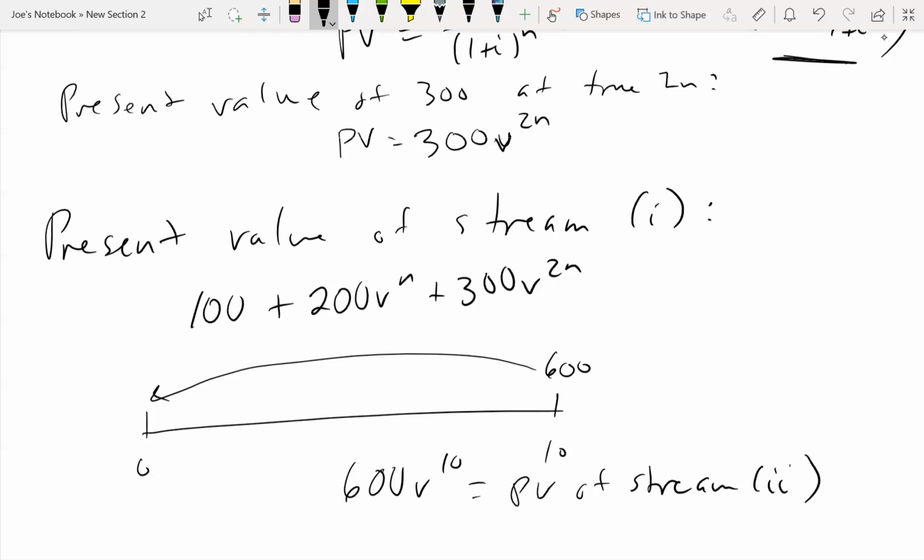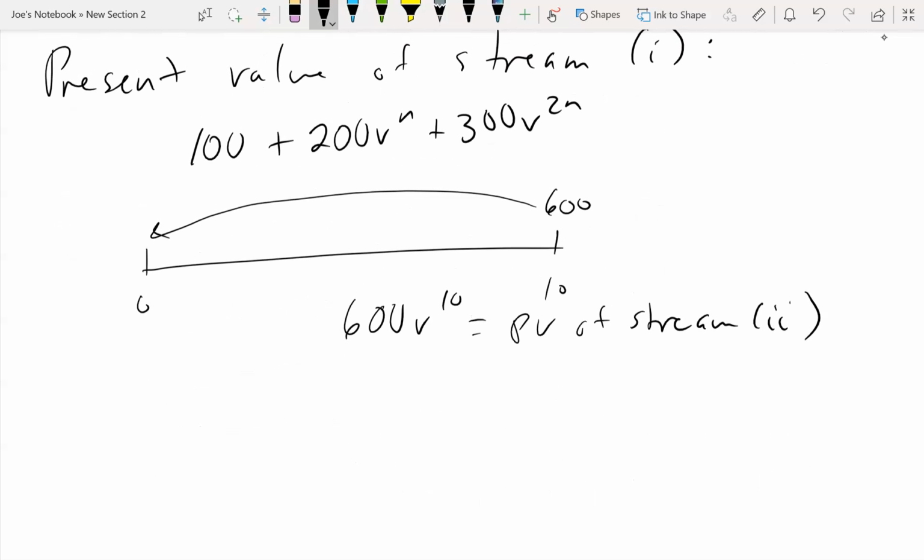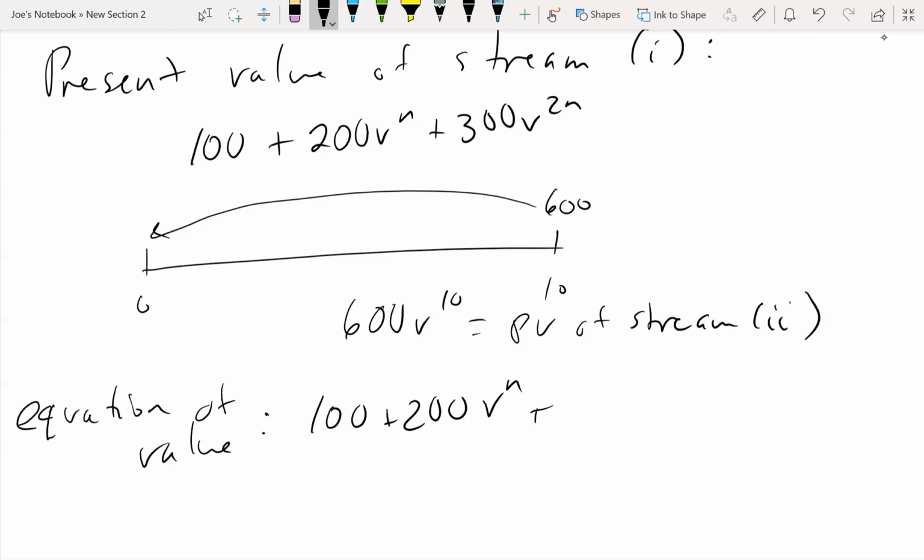And this says that the present values of these two streams should be equal. So what do you think we should do with the two present values? Make them equal. So what we've created is what your book refers to as an equation of value. We'll set these two things equal to each other and solve.